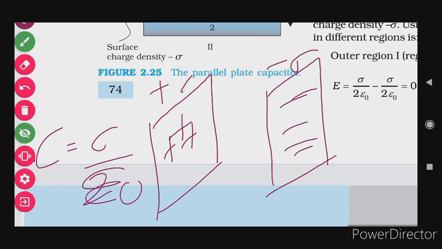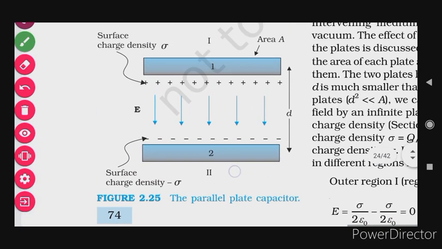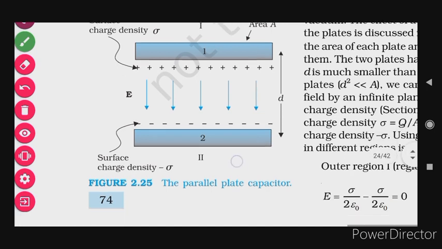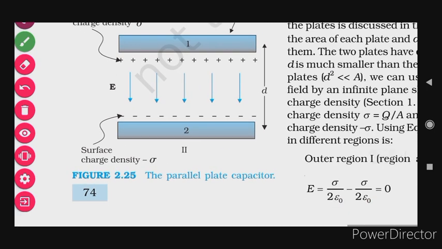This was the electric field between the two infinite sheets of charge. But here the sheets are not infinite, they have a finite size. Still we can apply that result, because the separation between them, d squared, is very small compared to A. Not at the edges, but at the center we can apply the result. We can treat the sheet as infinite for points inside the middle of the region.